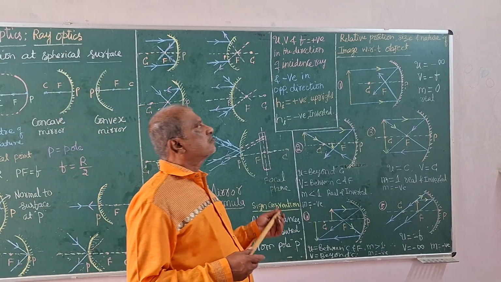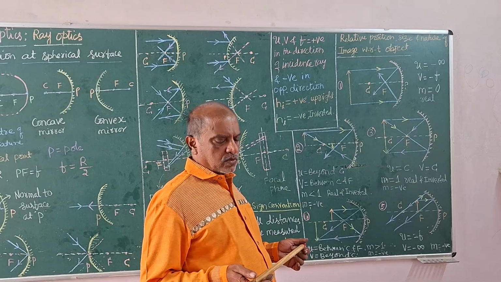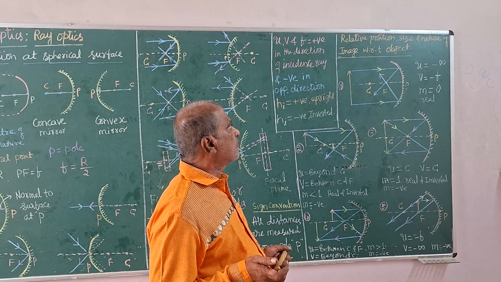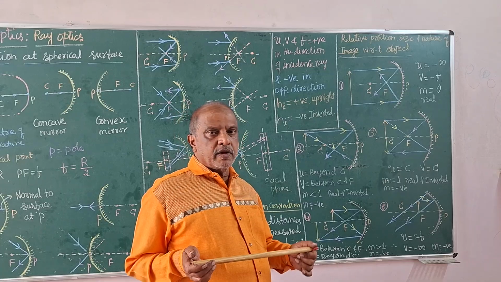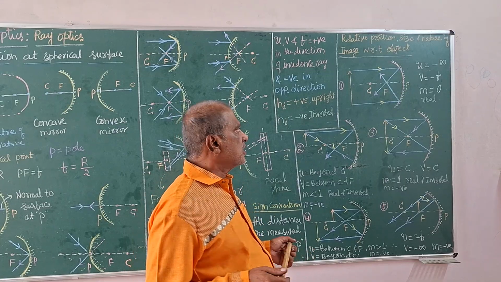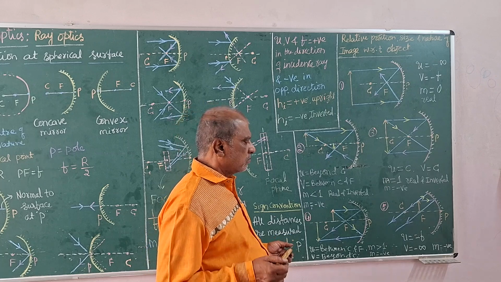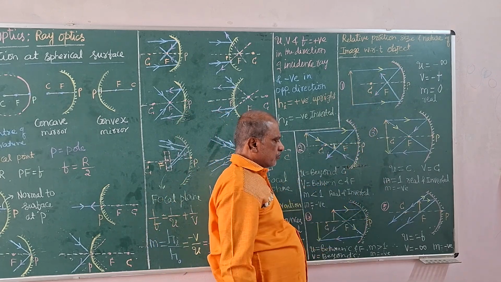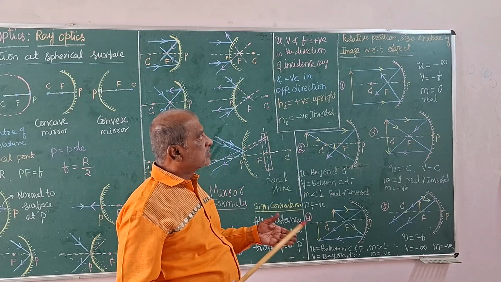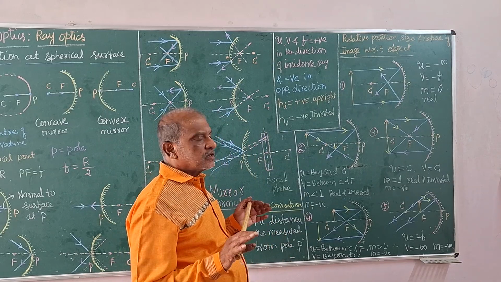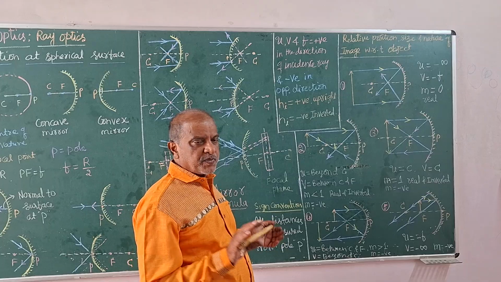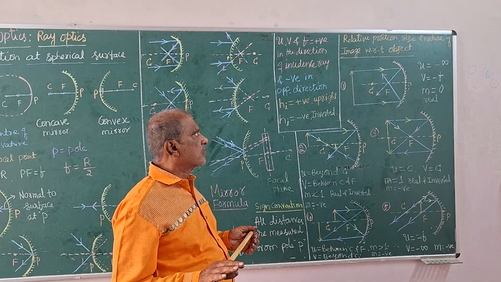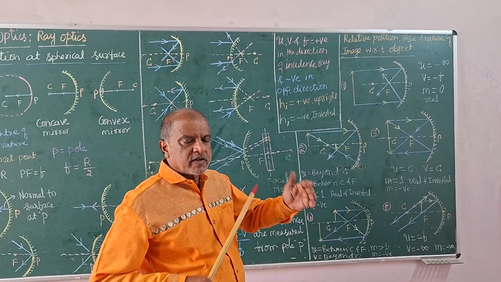Now let us look into the relative positions of the object and the image in case of concave mirror. All these cases are concave mirror. Let us understand the relative positions of object and image. They are interrelated; any variation of one varies the other.